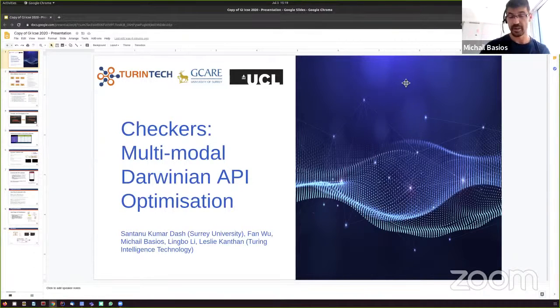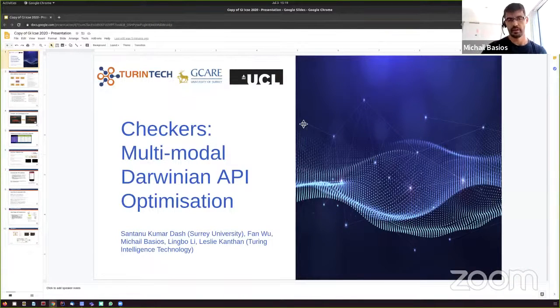So we are a very research-based company and group, and we have other students from UCL as well as other universities. And in this paper, we will present our research work with Santanu, who was a postdoc at UCL and is currently a reader at Surrey University.